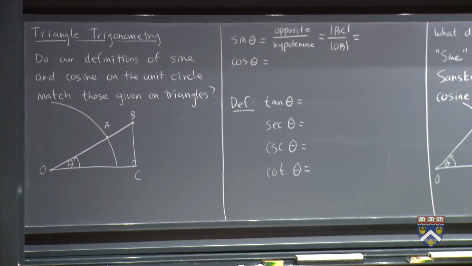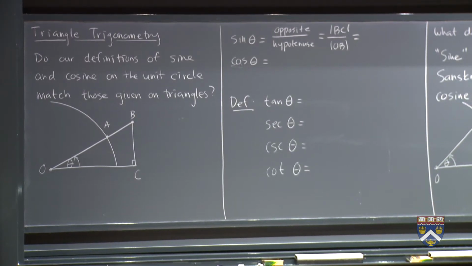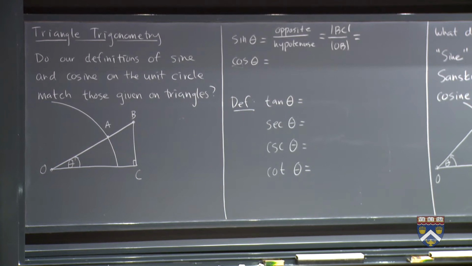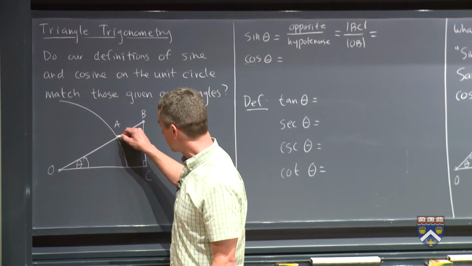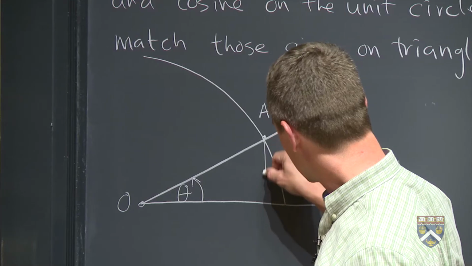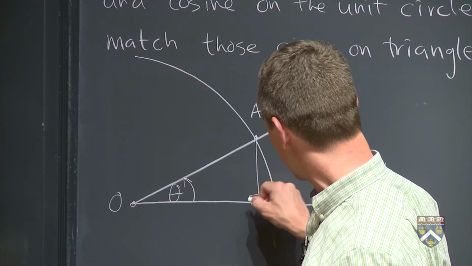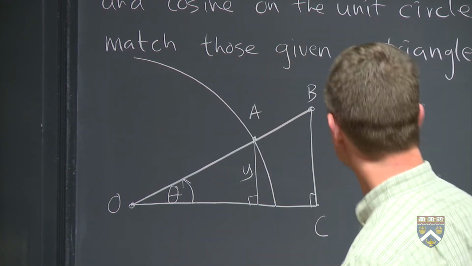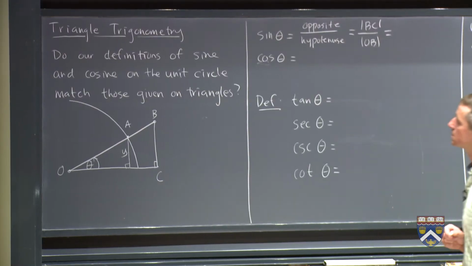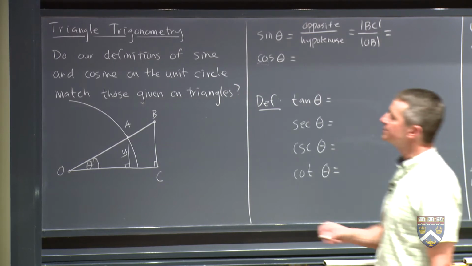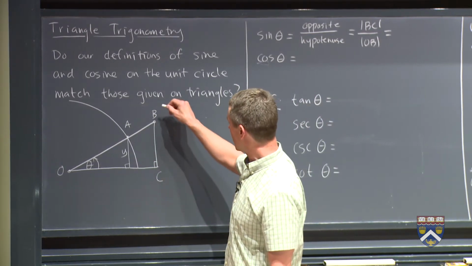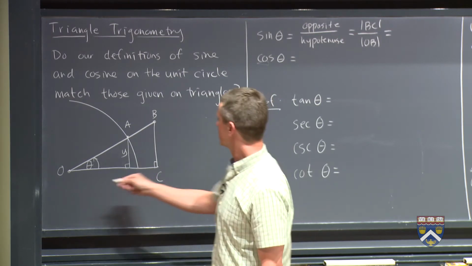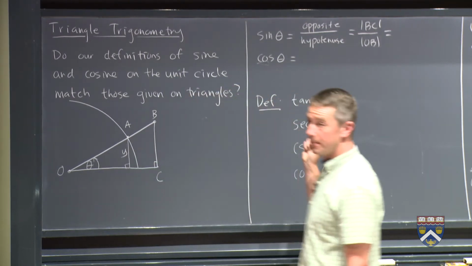Somehow we're supposed to show that that's going to be the same as just the y value on the unit circle. So the y value on the unit circle, because that was how we defined it there, that's this y value, which is this distance here. So how come this y value, this distance, is the same as the ratio of opposite BC to hypotenuse OB?